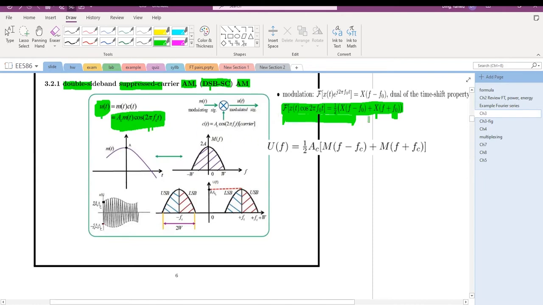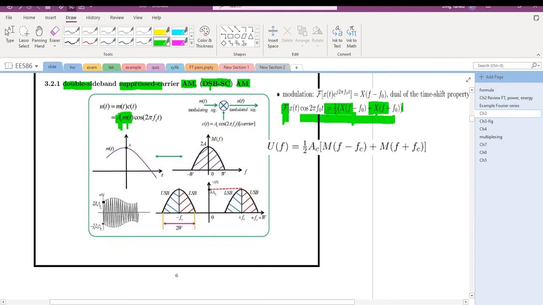To apply this property, u(t) equals this. So you take the Fourier transform. This is the cosine signal here. This is f_c and this is f_0. And then this signal x(t) here, in the modulated signal, is A_c m(t). But A_c is a constant.